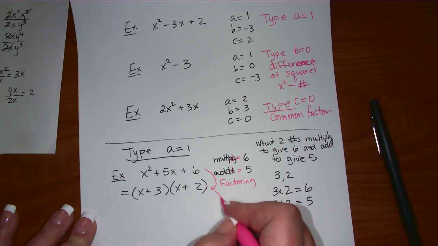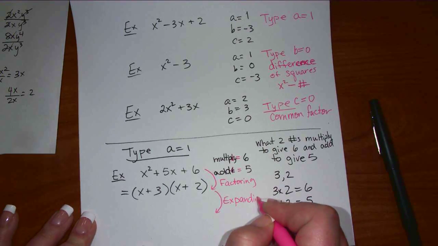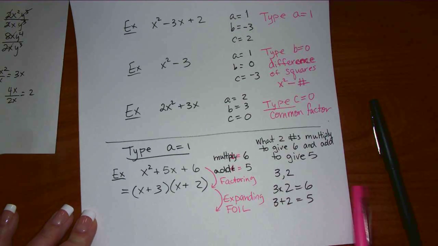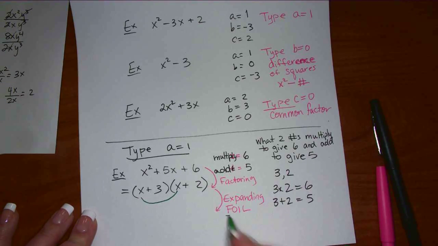If we went one more step and called it expanding, that's getting rid of the brackets, and we use FOIL to do that. So how does that look? So first times first, x times x is x squared.